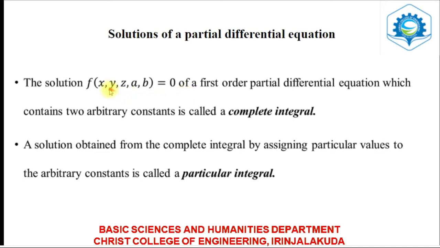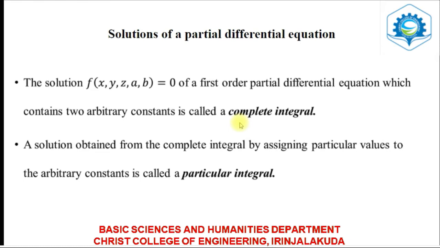That is, if you have the same number of arbitrary constants as independent variables, then that is a complete solution or a complete integral. A solution obtained from the complete integral by assigning particular values to the arbitrary constants is called a particular integral.